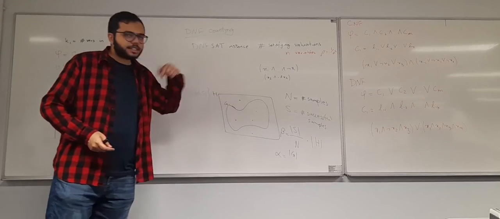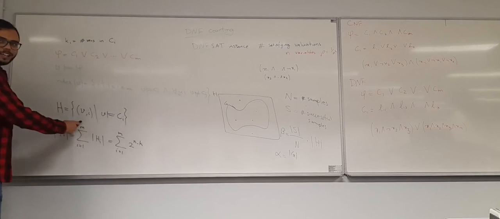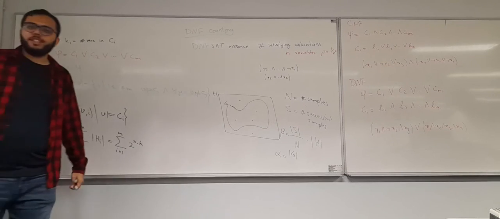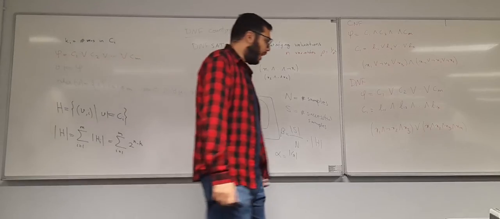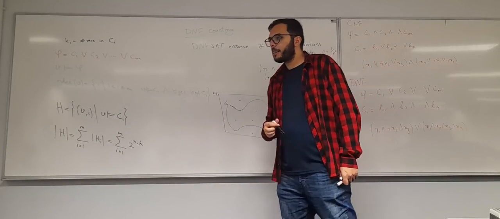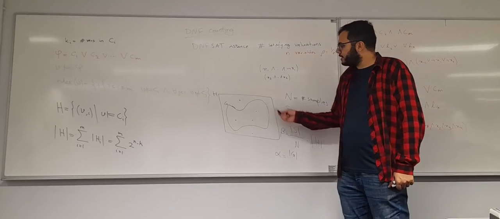And then I translate it back to this format, and then I need to somehow check whether it's in G or not. But I haven't defined my set G yet. I've just defined the set H, which was this weird thing here. But what is my set G?